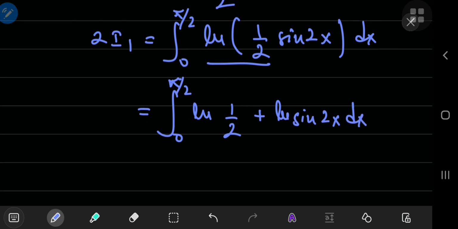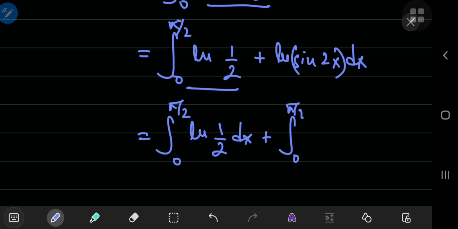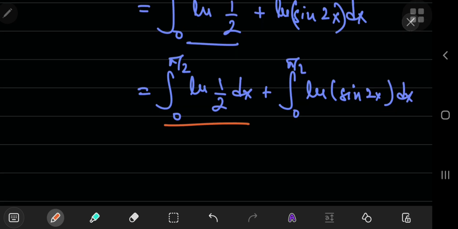So this is pretty useful as well because now we have a constant term to deal with that we can separate. We can separately write this as the integral from 0 to pi by 2 of the natural log of 1 by 2 with respect to x plus the integral from 0 to pi by 2 of the natural log of sine 2x with respect to x. Now this integral here will just reduce to the natural log of 1 by 2 times pi by 2.